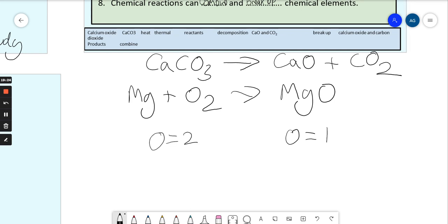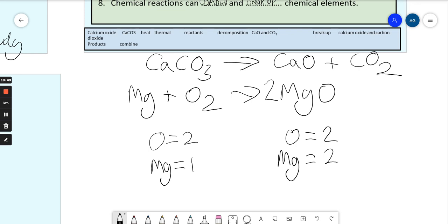To balance this equation, I have to add a 2 coefficient in front of the MgO, which gives us 2 oxygens. But it also gives us an extra magnesium, which means we are still unbalanced, as we only have one on the reactant side of the equation.